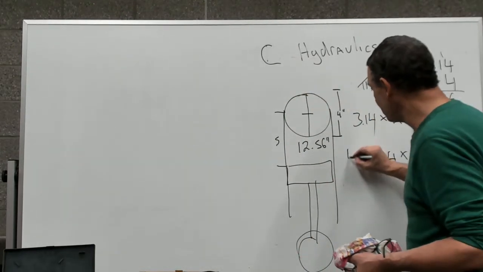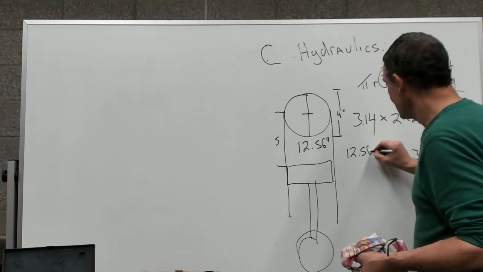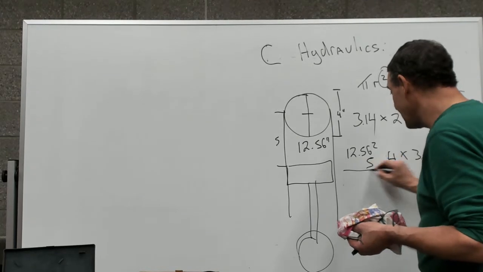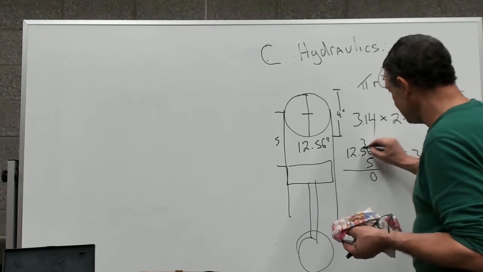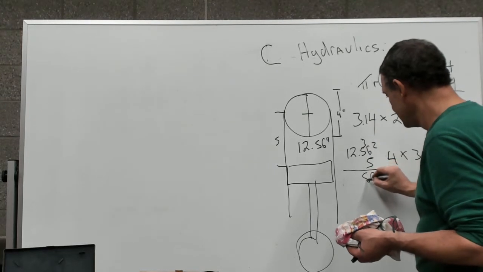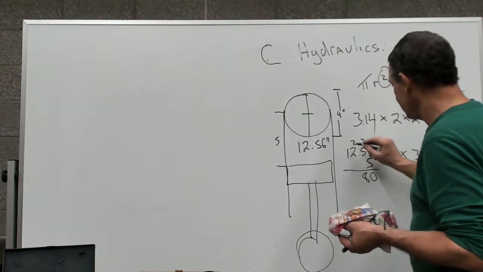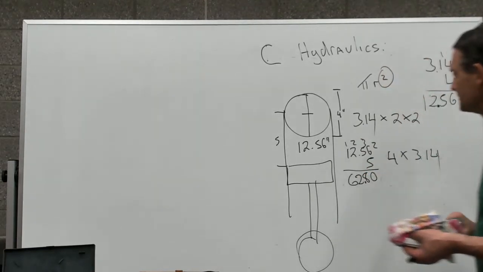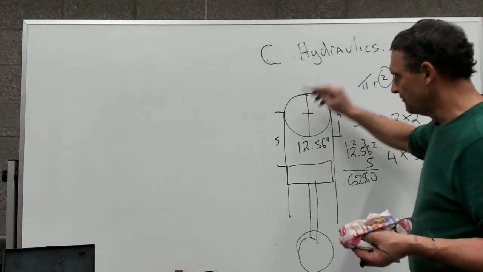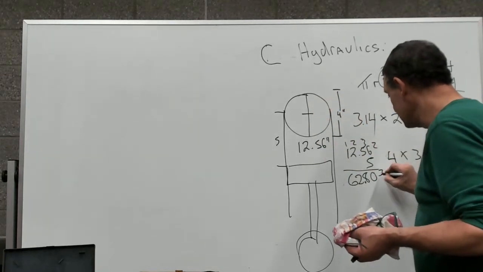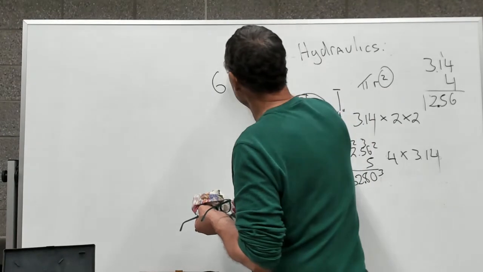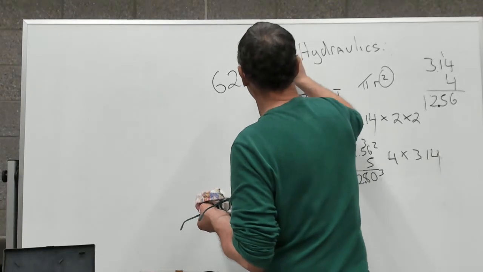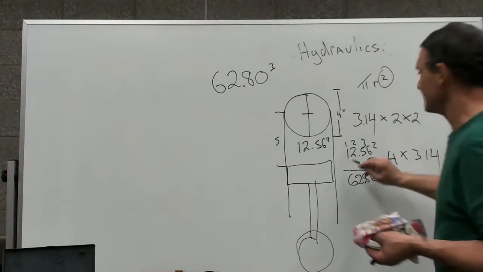The 12.56 is just the surface area, but if you times it by the 5, you get 62.80. That's the volume of this cylinder, so now it's cubed, because it's a volume now, not a surface area.